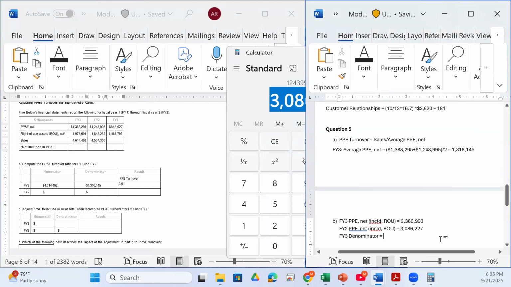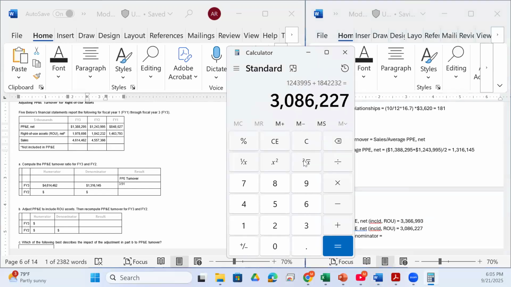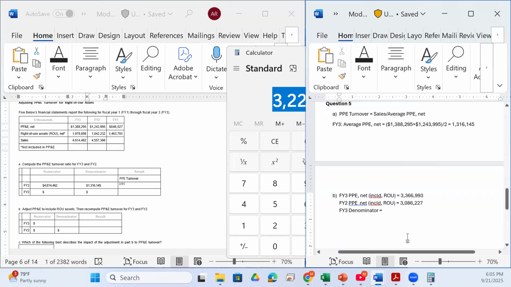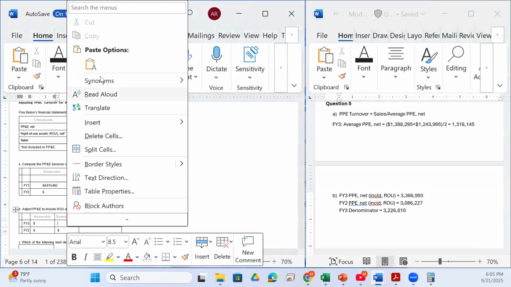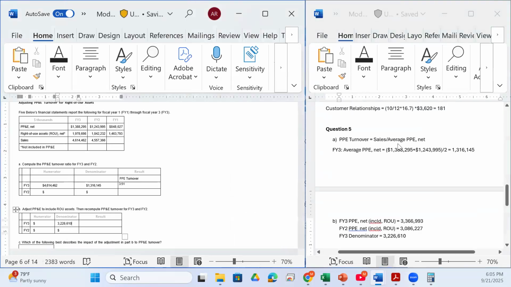It will be the average of these two numbers. So this is our denominator. Our numerator is sales, right?